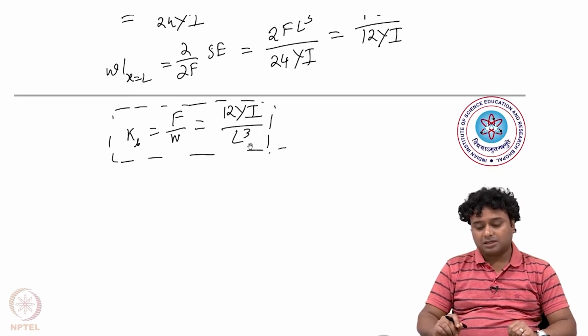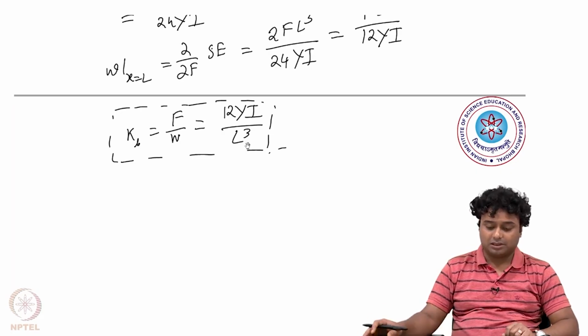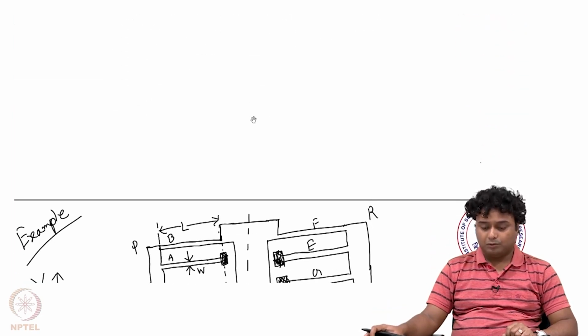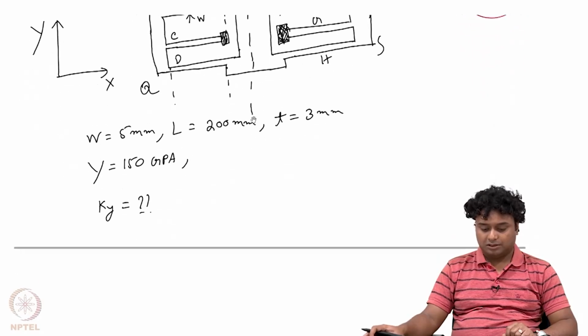Now for the guided beam structures, we have already calculated the stiffness constant, and that stiffness constant is this term: Kb is equal to F by W, which is 12YI by L cube. So now we will use this here.